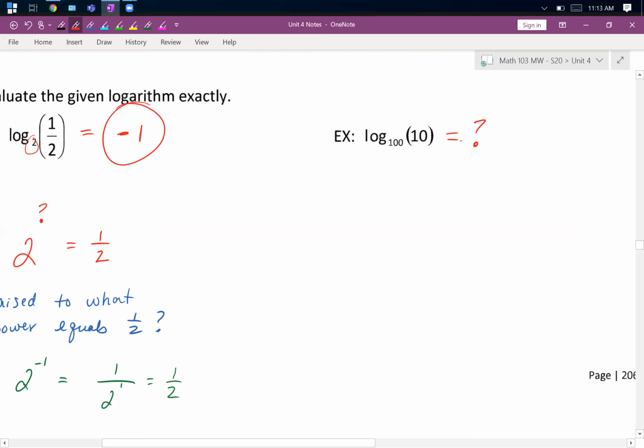What is the exponential rewrite going to be? 100 to the power of x equals 10. I'm still going to use question mark, but yes. So the question becomes 100 raised to what power is equal to 10?